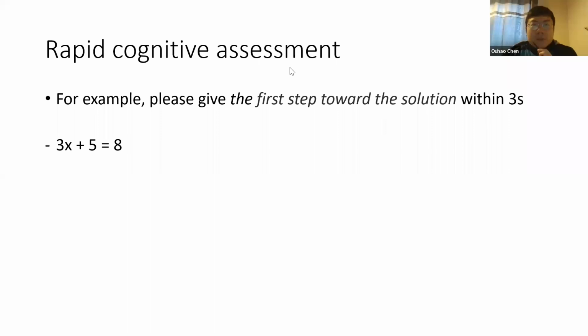You need to show the steps very close to the solution. The normal first step. You need to show the first step towards the solution, which is very close to the solution.